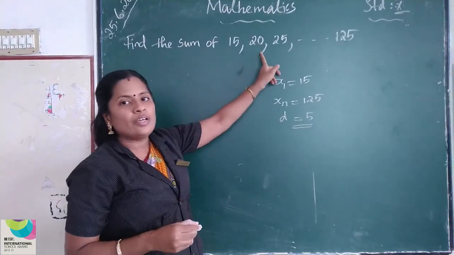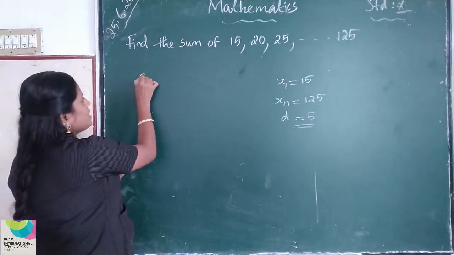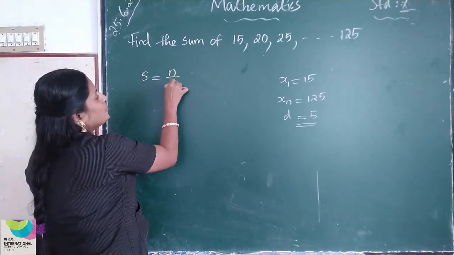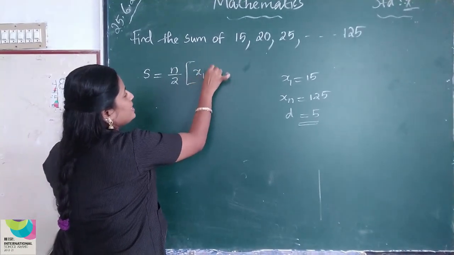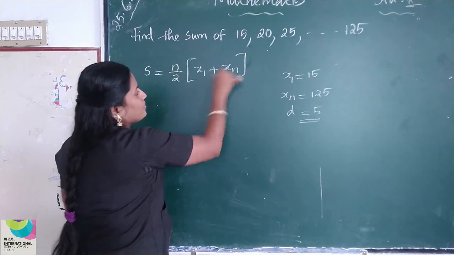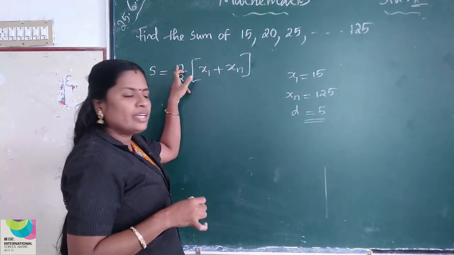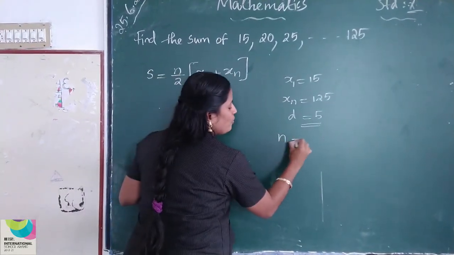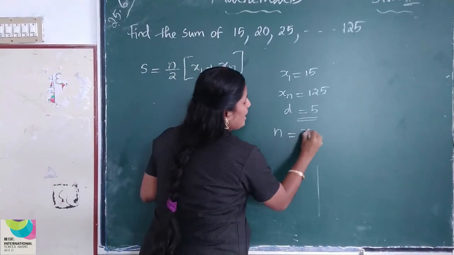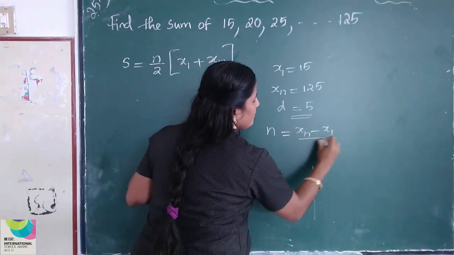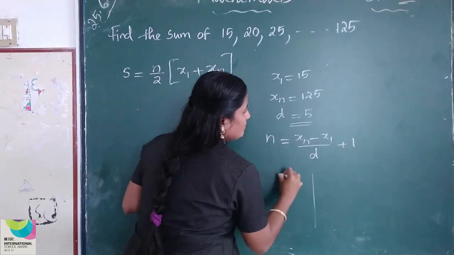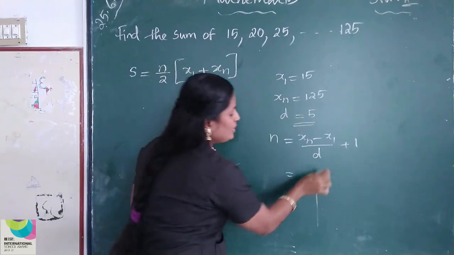Then we have to find out the sum. S equal to n by 2 into (x1 plus xn). So here we have to find out n, the number of terms. n equals (xn minus x1) by d, plus 1.